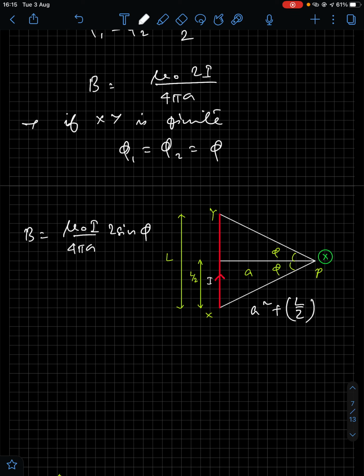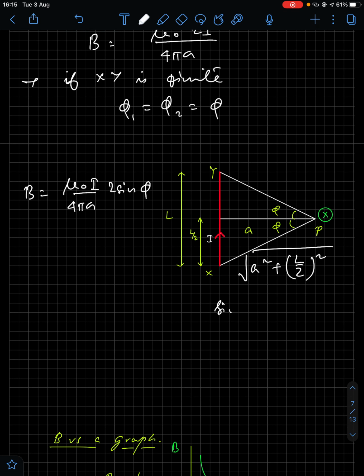That will be the square root of A square plus L by 2 whole square. Therefore sine phi will be equal to perpendicular by hypotenuse. The perpendicular length is L by 2, and the hypotenuse is the square root of A square plus L by 2 whole square.